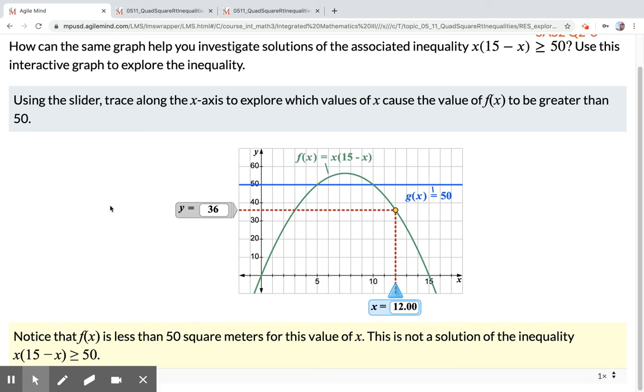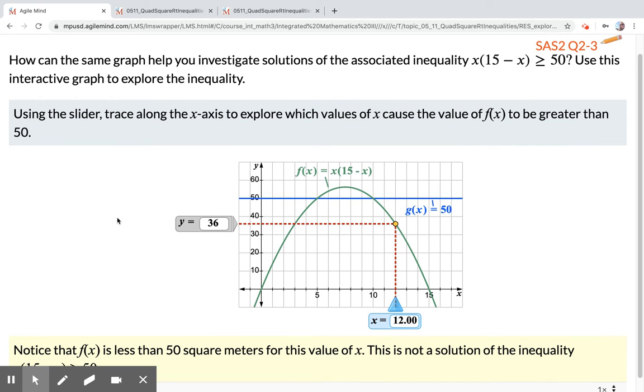So looking at question 3, what kind of a generalization can you make here using these points? Well, guys, it looks like my solutions are whatever is going to be above my 50, which makes sense. It said, when is my parabola going to be greater than or equal to 50? There it is, right there.